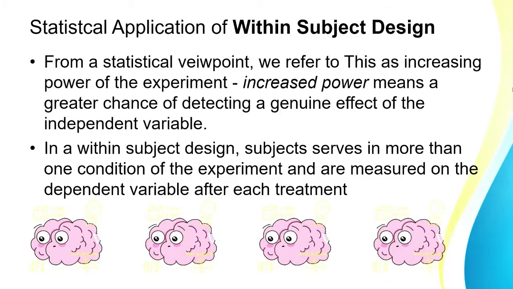From a statistical viewpoint, we refer to this as increasing the power of the experiment. Increased power means a greater chance of detecting a genuine effect of the independent variable. In a within subject design, subjects serve in more than one condition of the experiment and are measured on the dependent variable after each treatment.